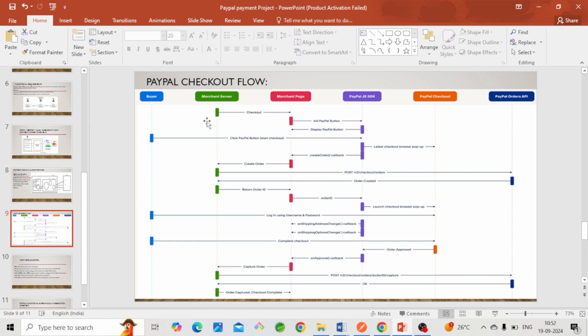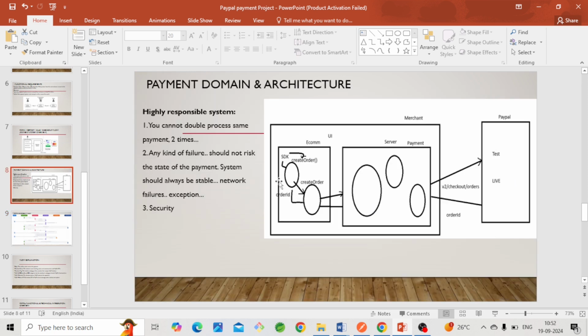So here, if you are observing, the buyer initiates a checkout action on a merchant page. See here, click the PayPal button, start the checkout. The merchant page means the front end page.